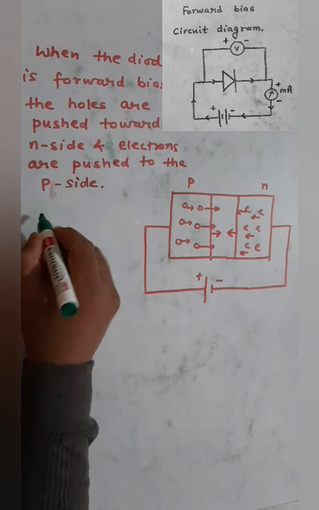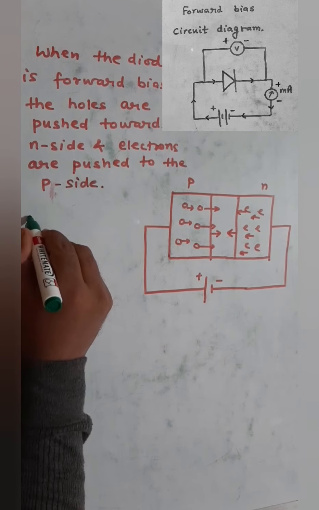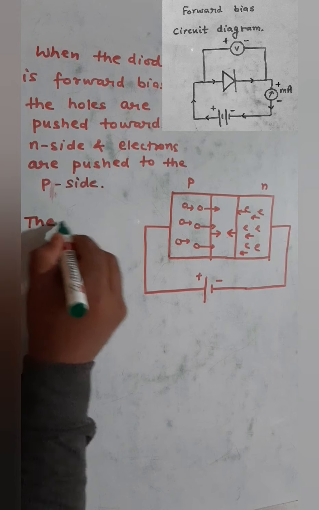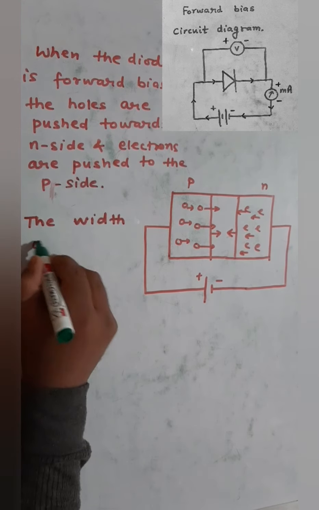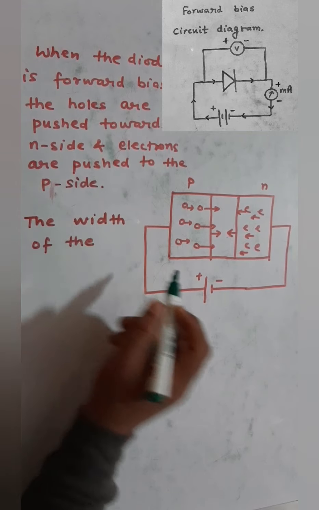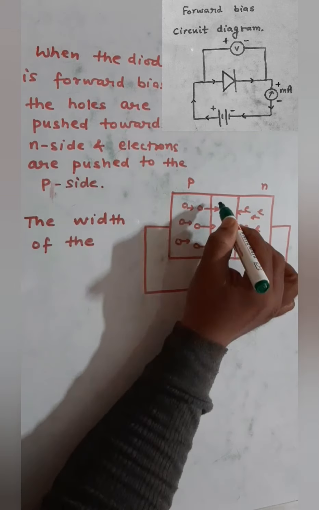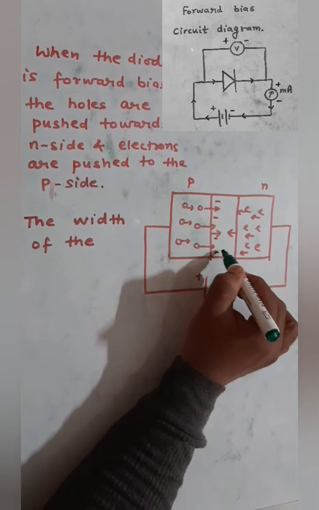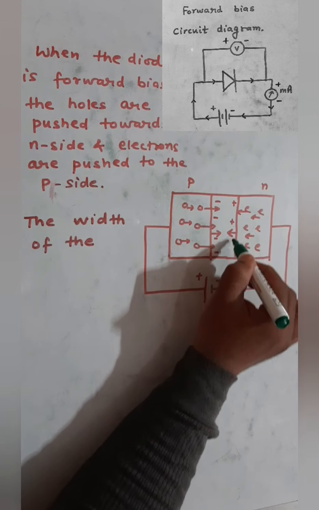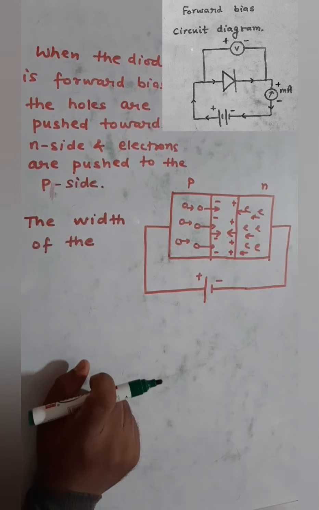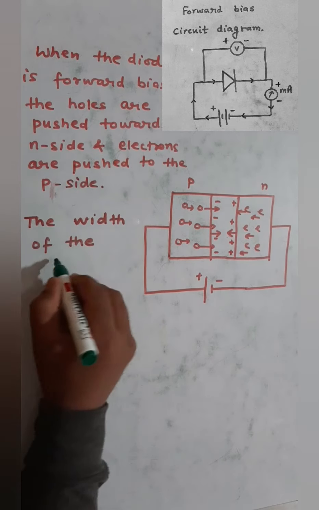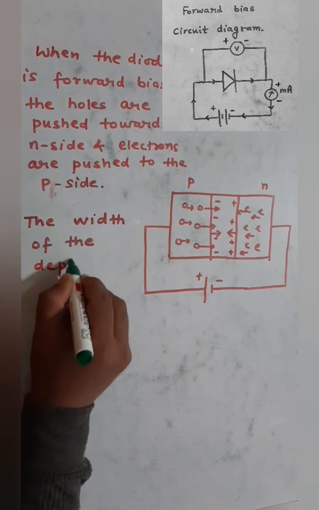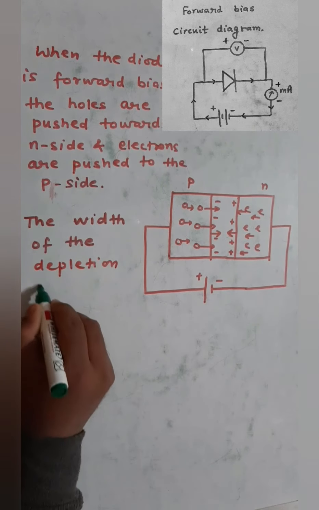Okay, so the width of the depletion region, this charge free region between P side and N side which was formed during the formation of the PN diode, starts decreasing.